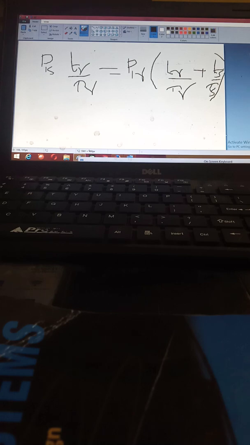Now I can do the simplification. P1S into TR, cross multiplied, equals P1R TR, since tau R and tau R cancel, plus again P1R with the bracket operation.